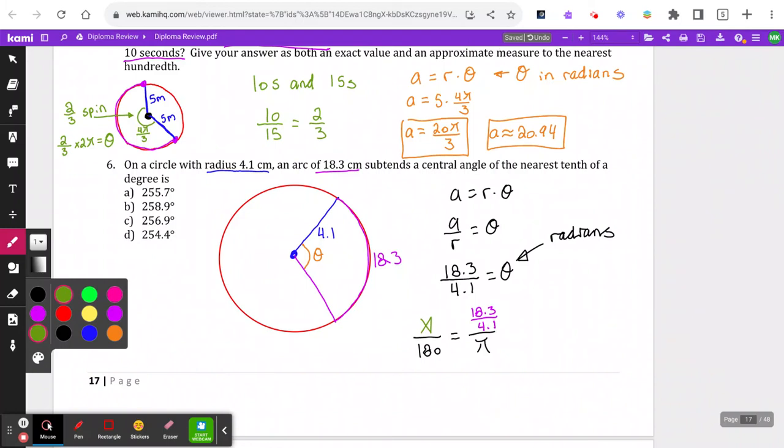You're going to get a decimal here, so cross multiply that 180 over, and then just throw the whole thing in your calculator. You go 18.3 divided by 4.1, divide that by pi, multiply that by 180, you get 255.7.